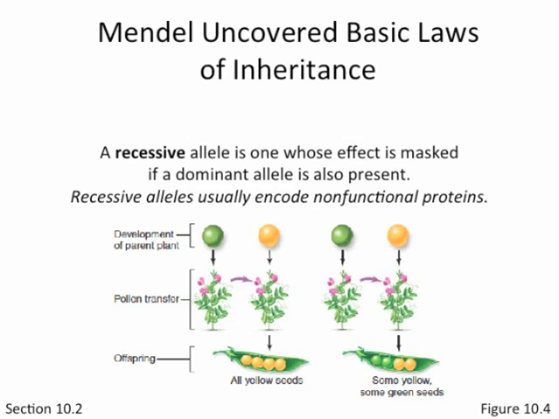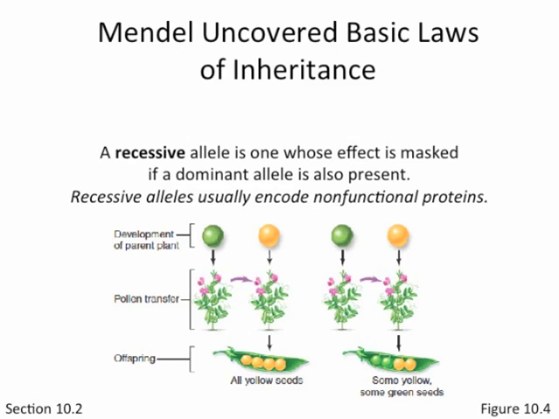And a recessive allele is one whose effect can be masked, and is masked if a dominant allele is also present. So in this case, this true breeding green plant might have passed on the green allele to its offspring, but because there's also a yellow allele, these offspring are yellow and they're not green. So a recessive allele can be masked.